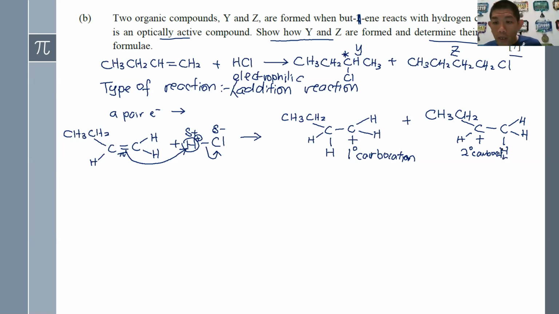According to the Markovnikov rule, a secondary carbocation is more stable. But in the STPM, if you write more stable or less stable, usually it won't bring you any marks. This is just for your knowledge to apply the Markovnikov rule.